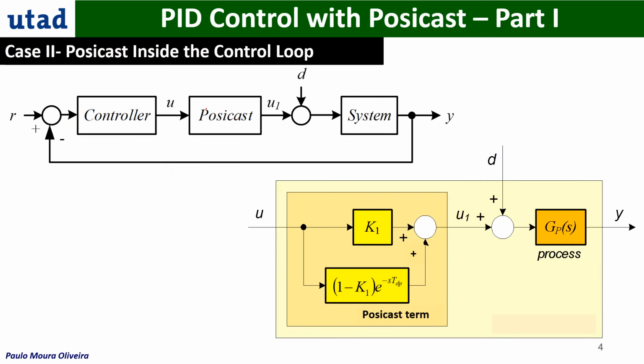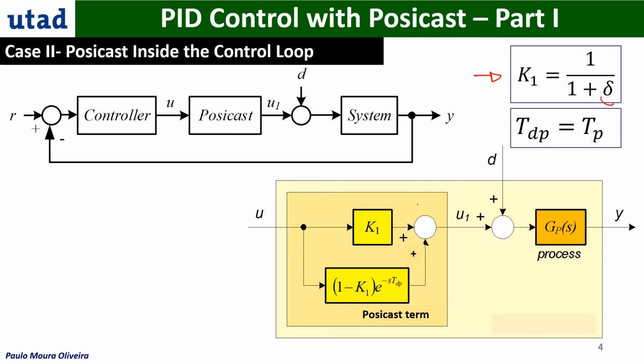So we are going to first see case 2, Posicast inside the control loop. In this case, the Posicast is represented here. This is the off-cycle Posicast, and K1 is determined in the same way from the overshoot, and the TDP here is the peak time, as you have seen before for the off-cycle Posicast.